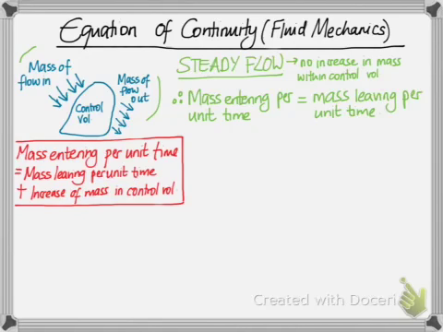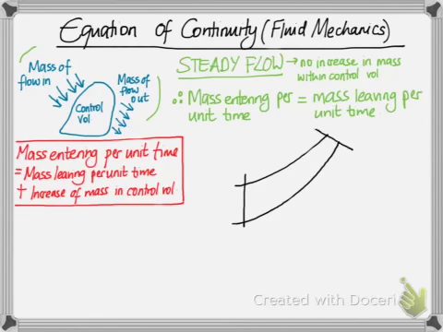So we're going to try and draw a stream tube whereby we have a flow from one point to another. We're going to have a change in density, change in flow velocity, and maybe even a change in area. We don't know. This is going to be arbitrary and will allow us to make our deductions. So let's draw our stream tube there, and then we have the flow going up.